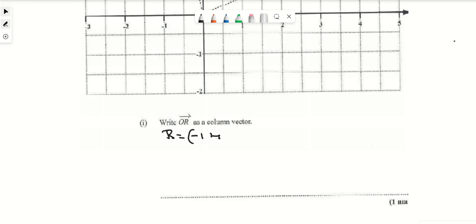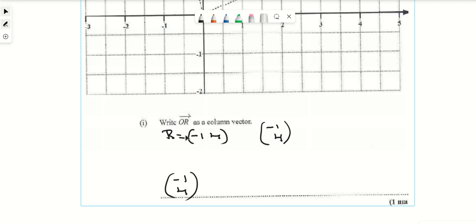And because it's beginning with O, we just take the coordinates of X and Y. So X will be on top, Y on the bottom. It's a position vector. If it was a free vector, that's something different, right? But because this is a position vector, you take the coordinates of R, with the X value on top and the Y value at the bottom.